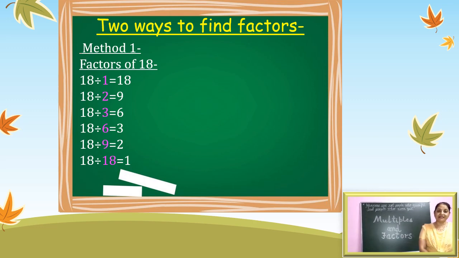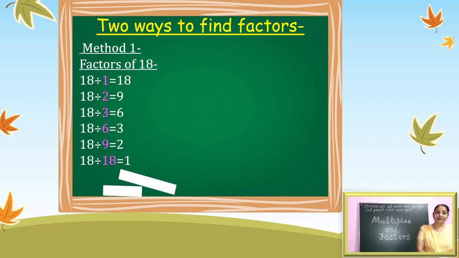Let's proceed to the next number 6. When we divide 18 by 6, the quotient is 3. Similarly, 7 and 8 are not the factors of 18, as the remainder will not be 0 on dividing it.